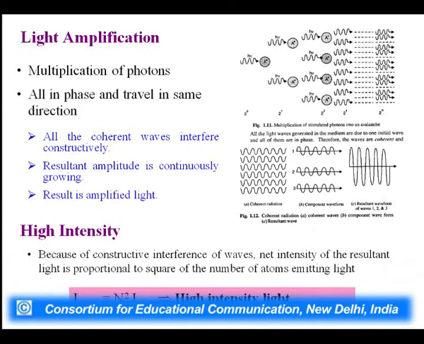By using stimulated emission, light amplification takes place. What is light amplification? Amplification of light means the intensity will be high. Multiplication of photons takes place here. One photon releases two photons, and these release more photons, in the manner 2 power 0, 2 power 1, 2 power 2 and so on, up to 2 power n photons generated. The photons are all in phase and travel in the same direction, so lasing action can take place.